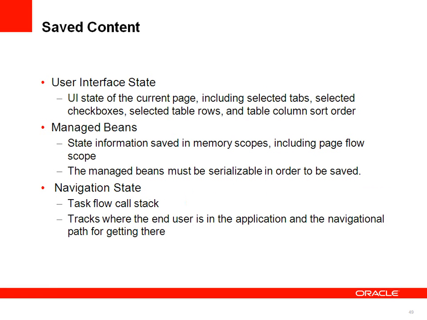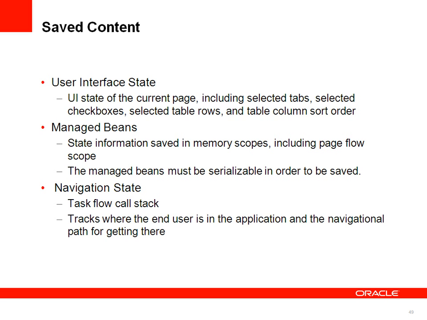What gets saved in the snapshot is the user interface state. So if I have a submitted form that is not yet committed, then the data is available in the ADF binding in the model, but it's not available yet in the database. So this information will be snapshotted and saved in this blob as well. Then we have managed bean configurations.